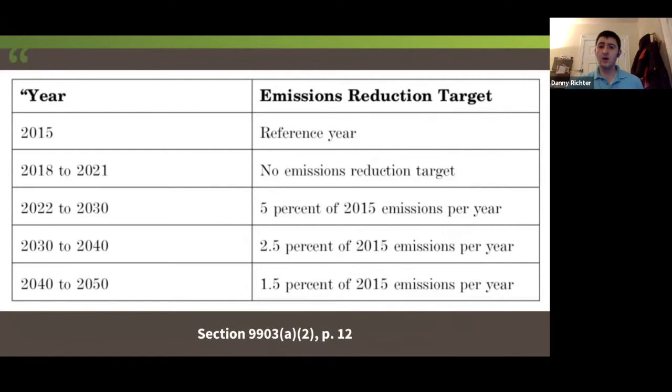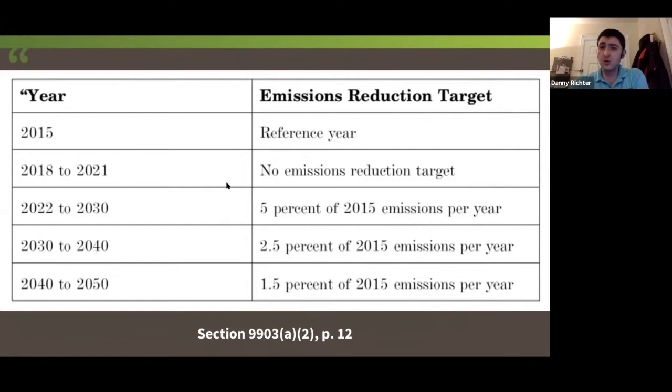And so we are recommending to the Deutsche office that instead of 2015, the reference year be 2016. And we're also recommending a choice of schedules that still get us to a 90% reduction below 2016 emissions.